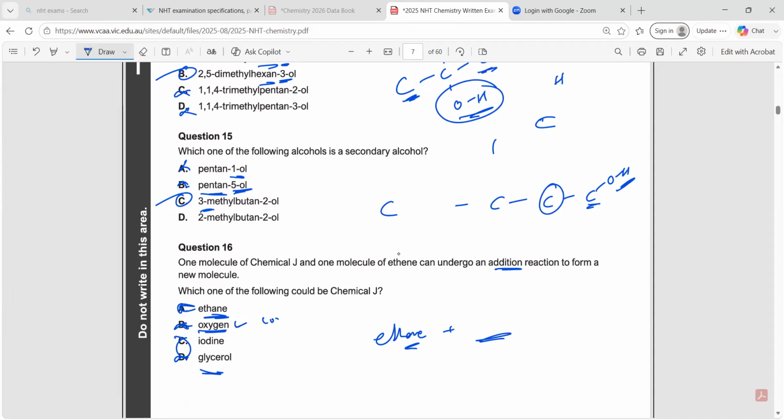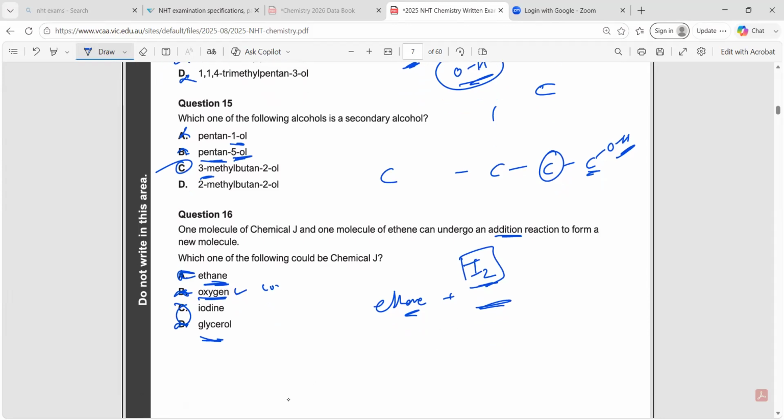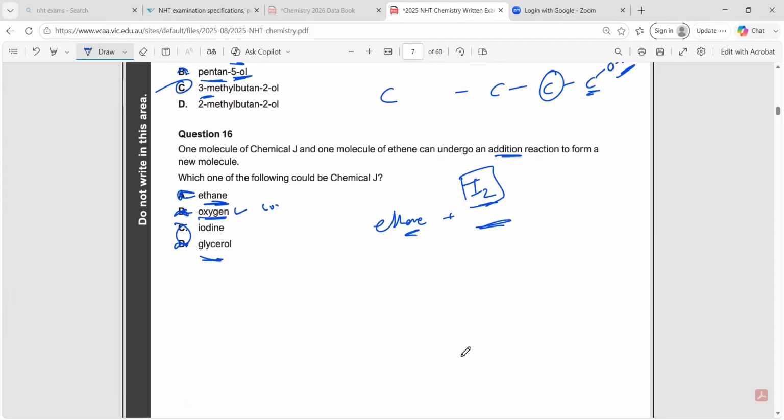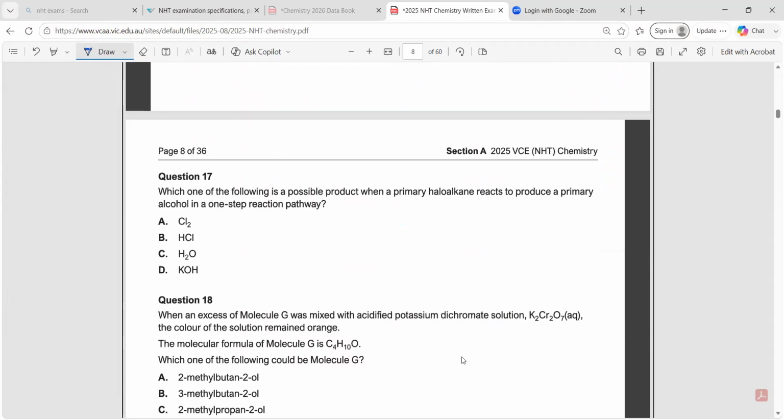So think about the iodine numbers we use to determine how unsaturated a fatty acid is. The reason is that we're exploiting iodine's ability to turn the double bonds into single bonds. So it'd be C.